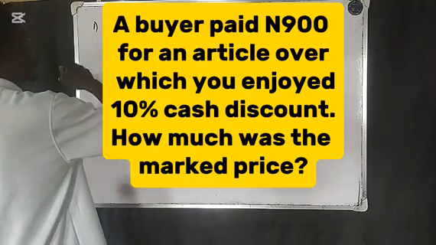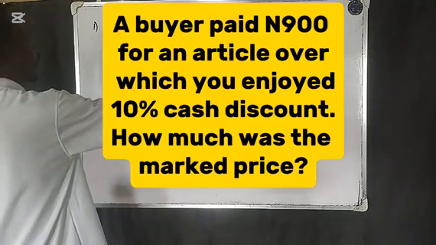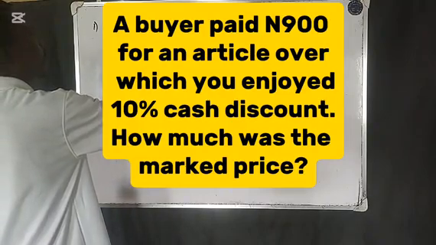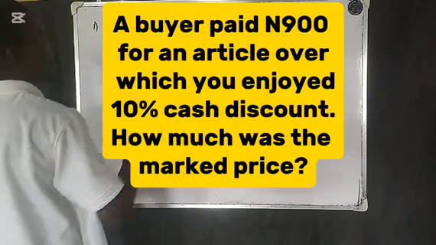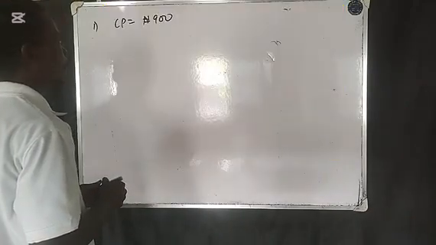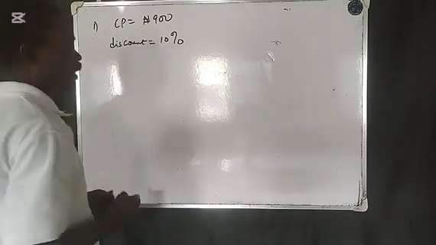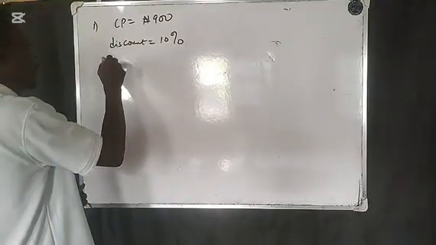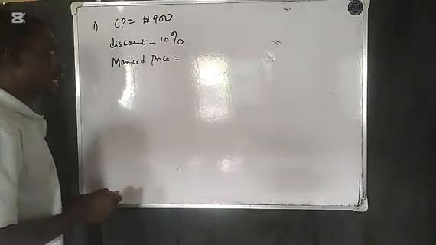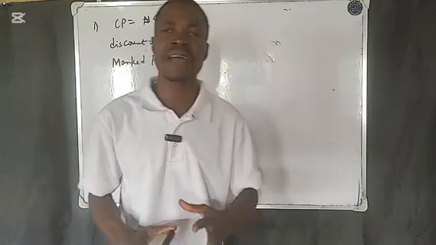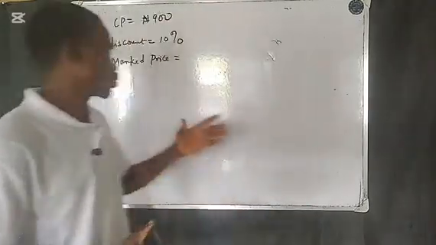A buyer pays what? Okay, cost price is equal to 900. Discount is what? 10%, right? Marked price. Now in every supermarket you go to, everything they are selling there, they put some price tag on it.